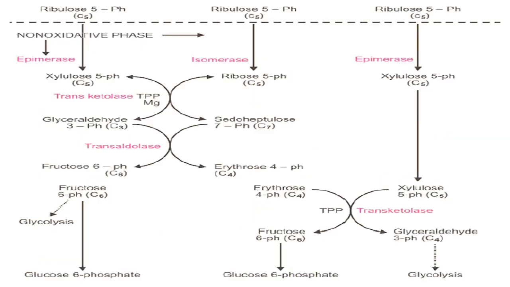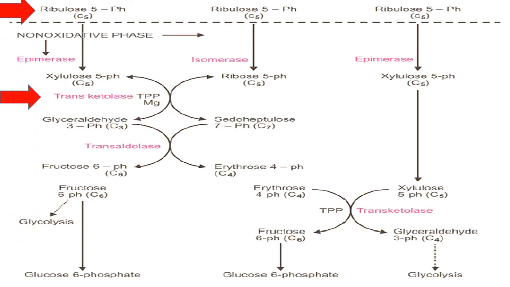Now about the non-oxidative phase. During the non-oxidative phase, the pentose phosphates recycle to glucose 6 phosphate. In tissues which require primarily NADPH, the pentose phosphates produced in the oxidative phase of the pathway are recycled into glucose 6 phosphate. In this non-oxidative phase, ribulose 5 phosphate is first epimerized to xylulose 5 phosphate.